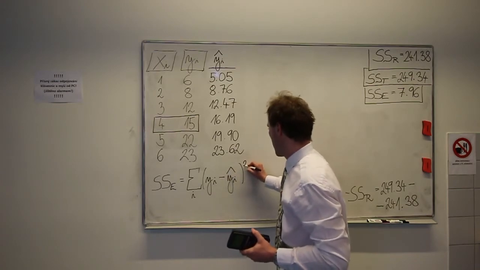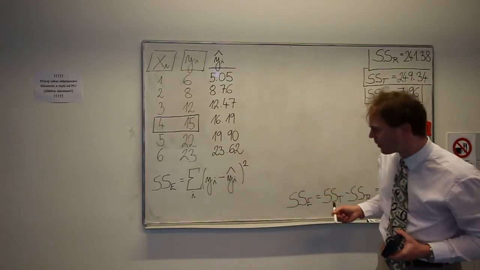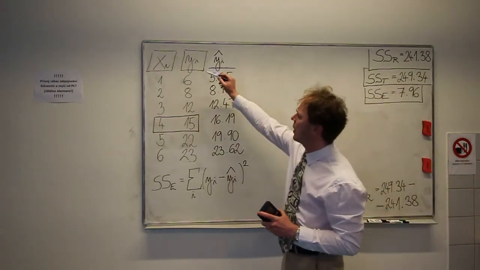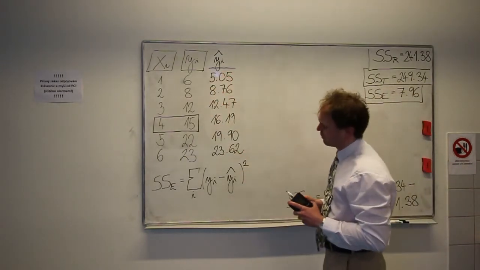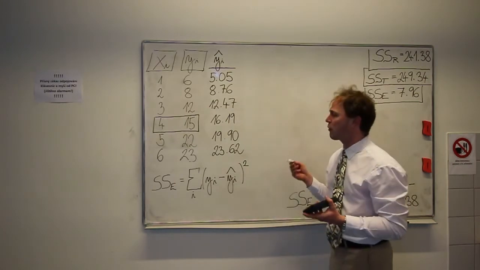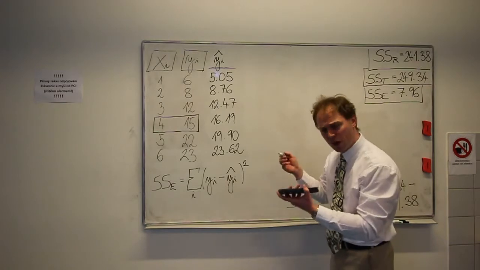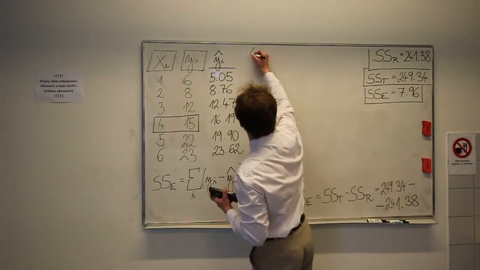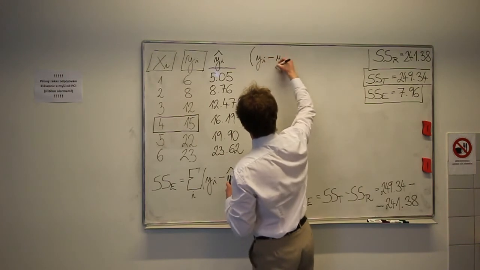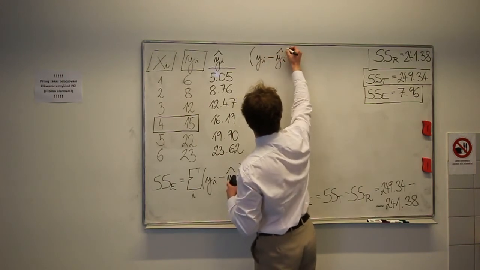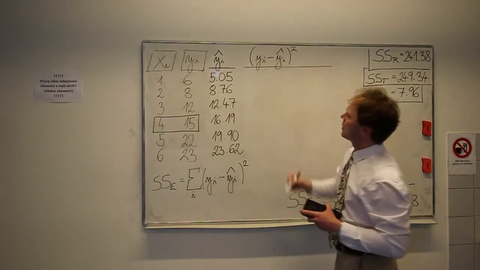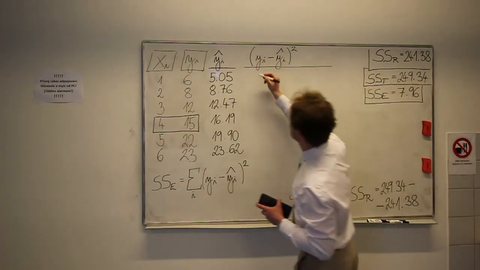So we have the squared difference between empirical, observed values and values calculated on the basis of the regression line function. Here I will write YE minus YE hat squared, and we will calculate these squared differences.